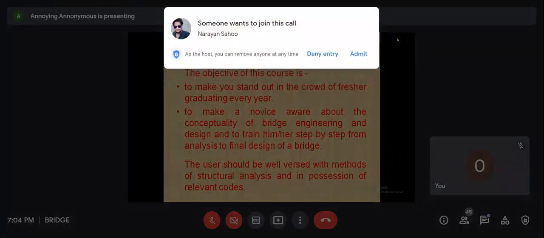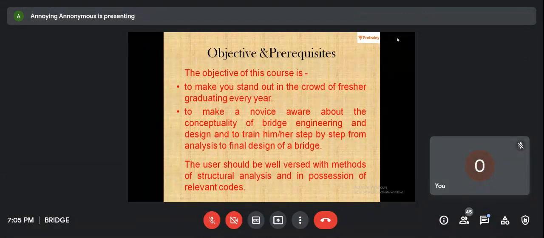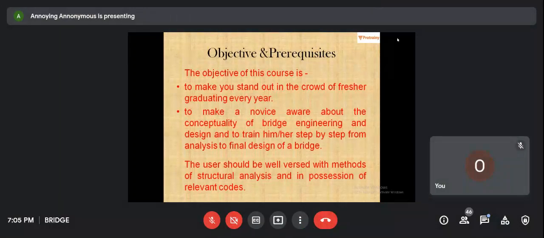There is no alternative for experience. But what we are trying to do is to make you get over that threshold, so you can enrich your career with experience. This is the main objective of this course.